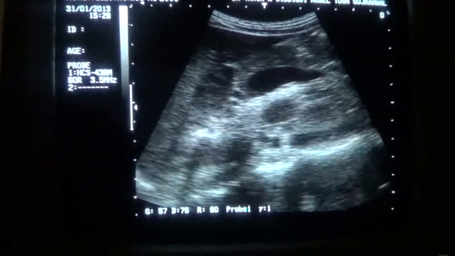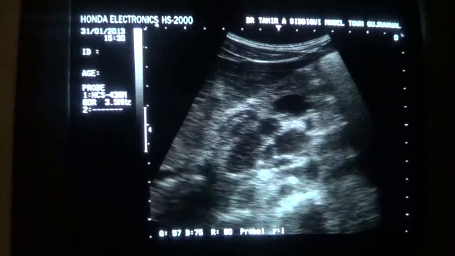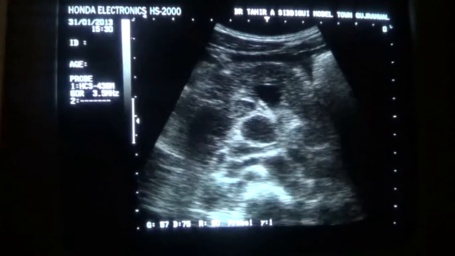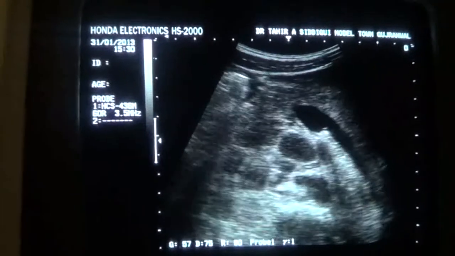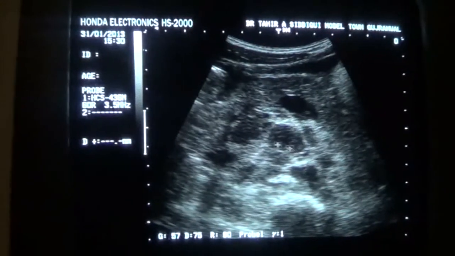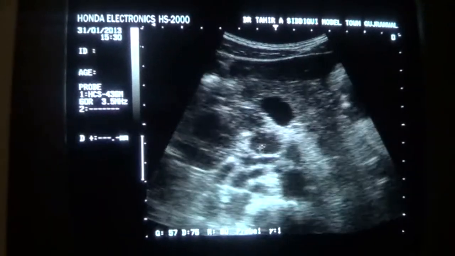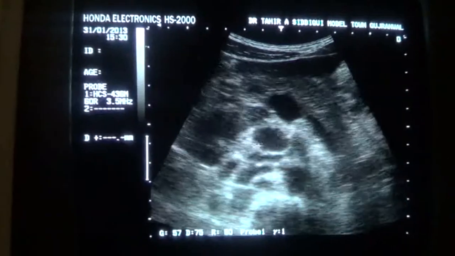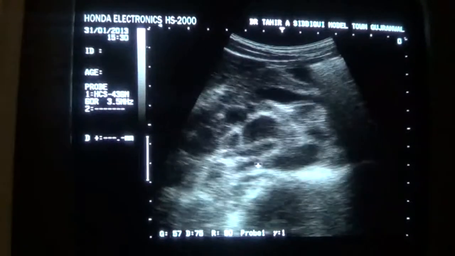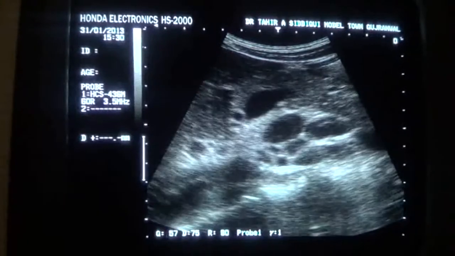So the trick is that you give a sweep through the probe, keeping the area in the center of the screen, and rotate the probe 90 degrees or even more. I have rotated the probe almost 180 degrees, and I did not see any change in the shape of this solid area. If I say this is a lymph node, then when I rotate the probe it retains its shape, which is confirmatory, number one.